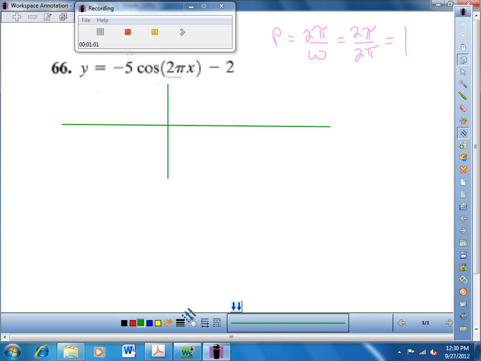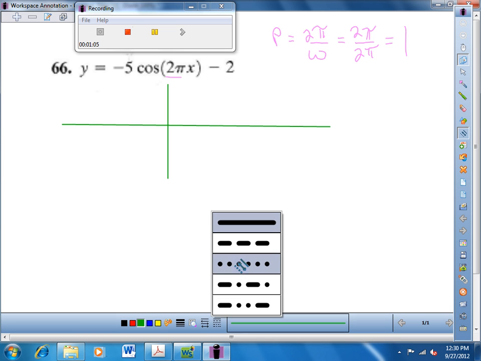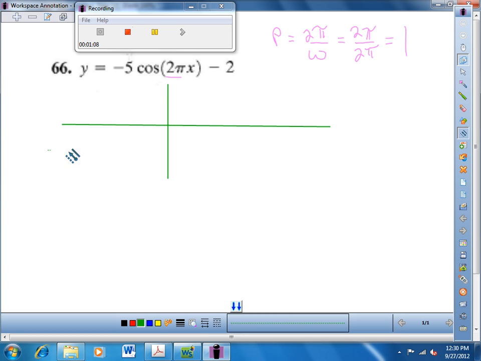It does have a vertical shift, though. So probably what you want to do is make a line down here that the graph is going to shift around. I should put arrows on the end. So this is the line y equals -2, because it shifted down by 2.